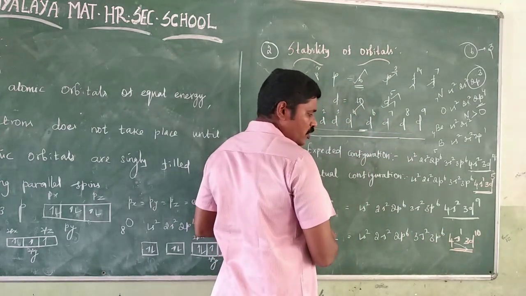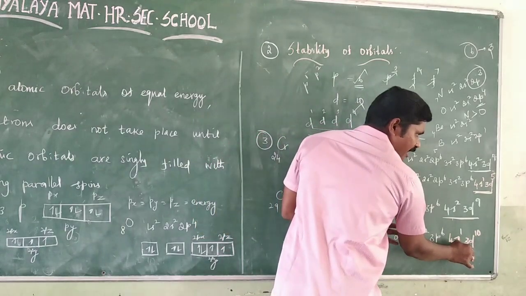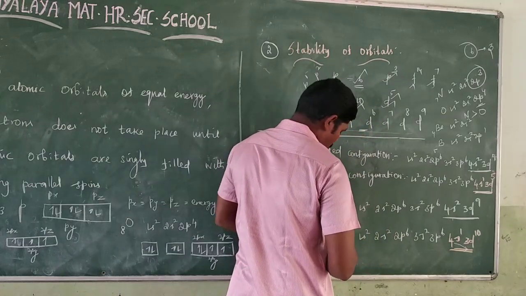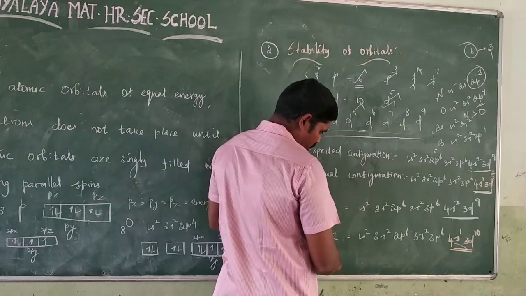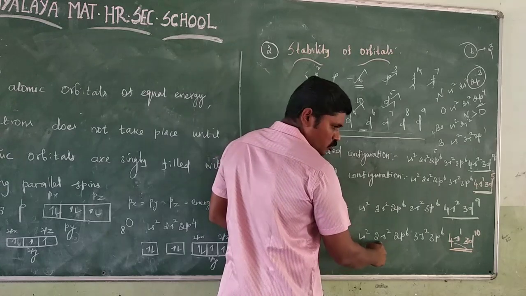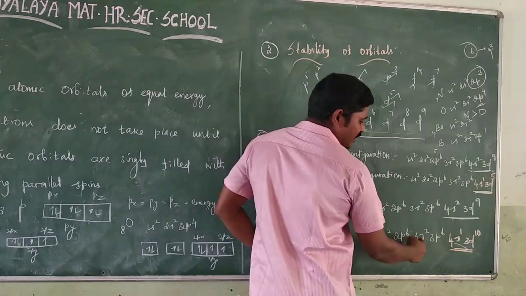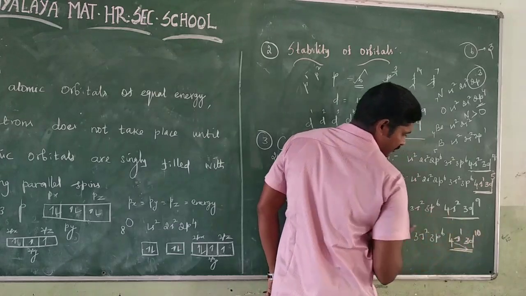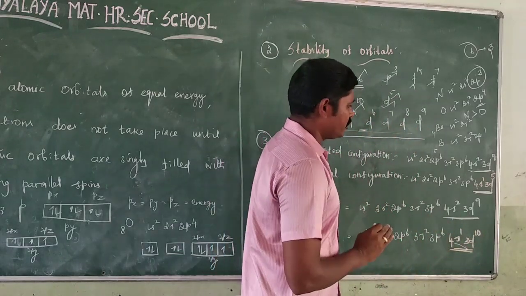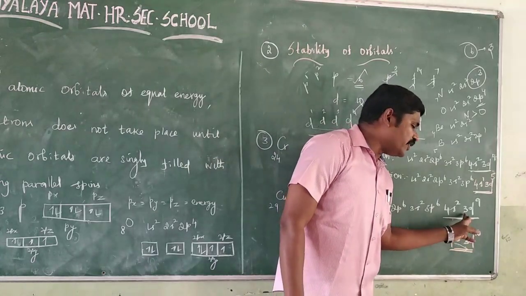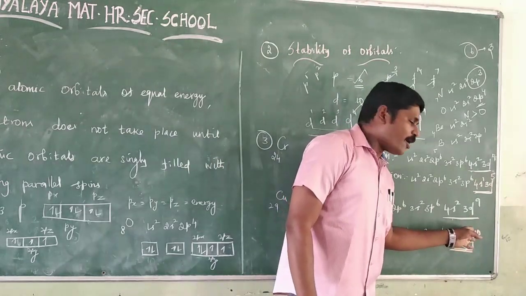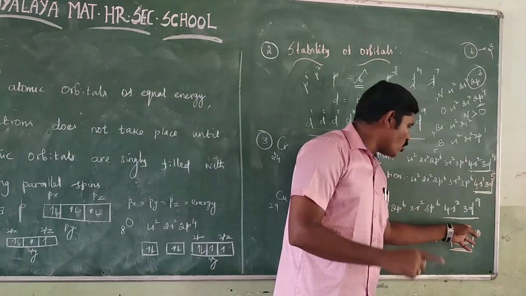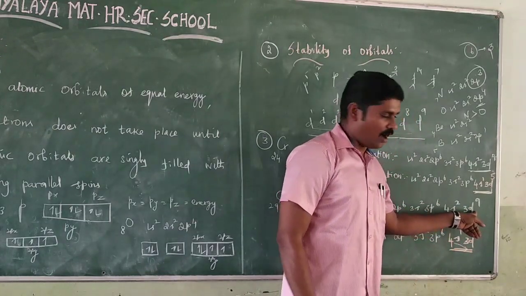According to Hund's rule, the completely filled orbital is more stable than partially filled orbitals. So the actual electronic configuration of copper is 1s2, 2s2, 2p6, 3s2, 3p6, 4s1, 3d10. To reach a half-filled or completely filled orbital, one electron goes from 4s to the 3d orbital.